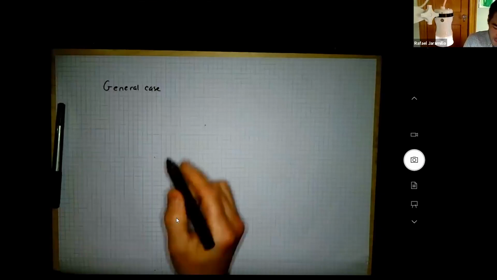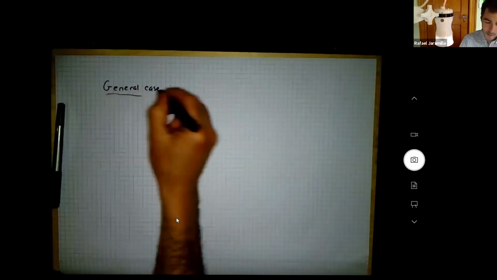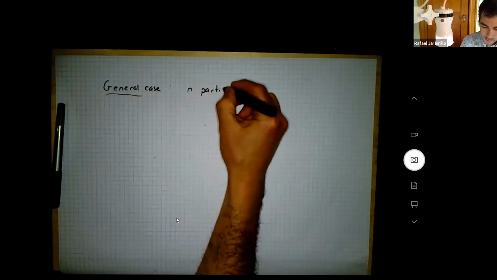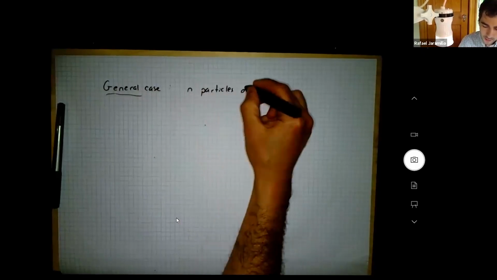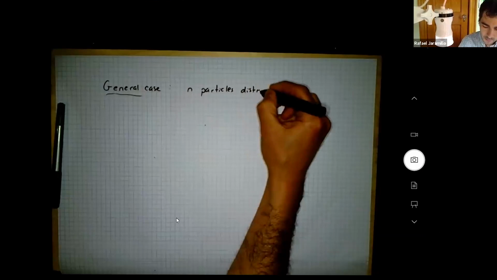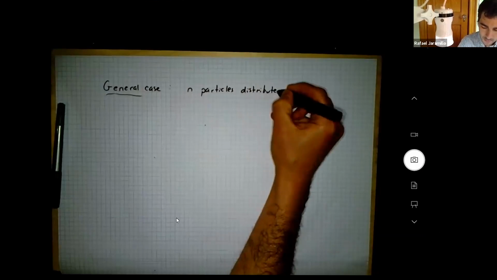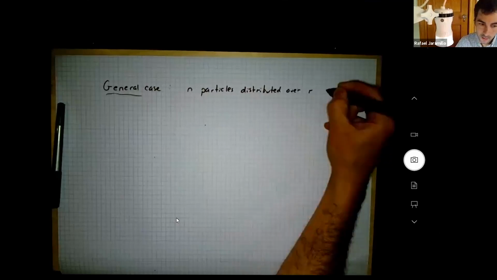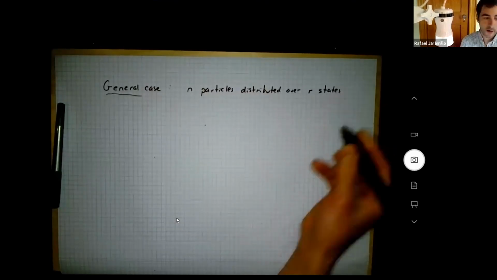Right, so now we'll do a little bit more of a general case. Let's do a general case. N particles distributed over R states. N particles distributed over R states.